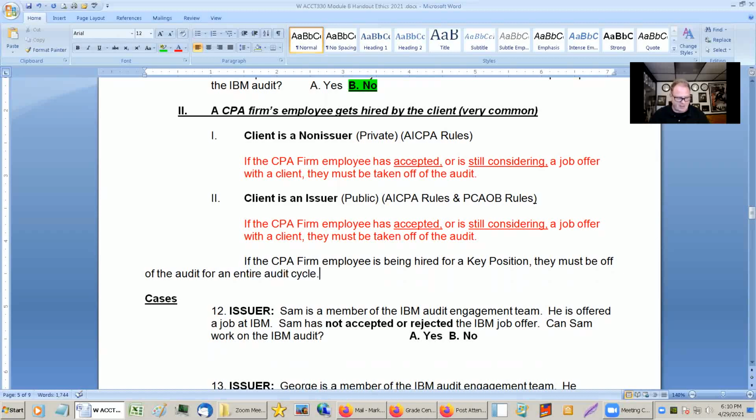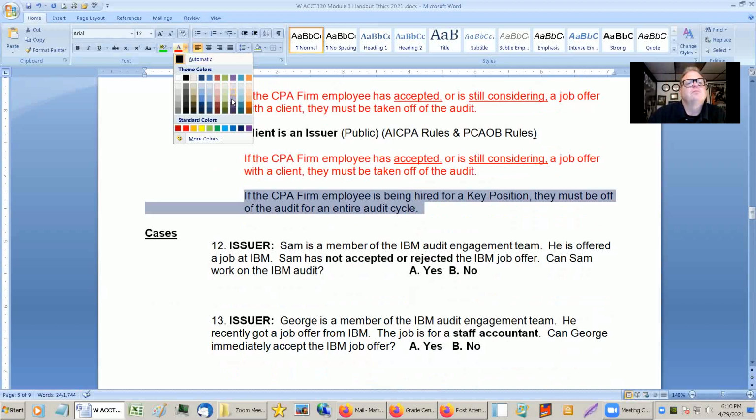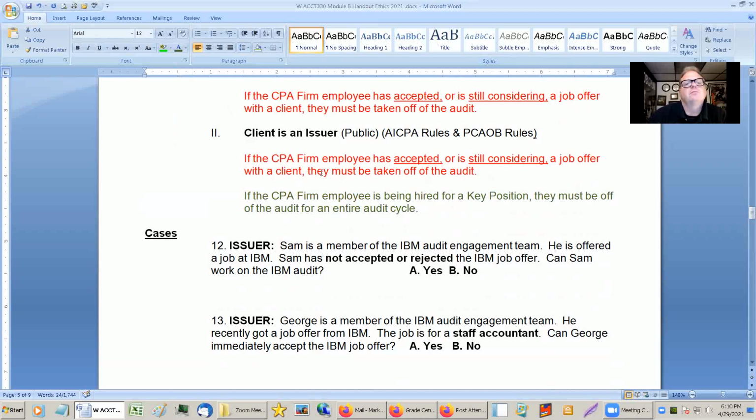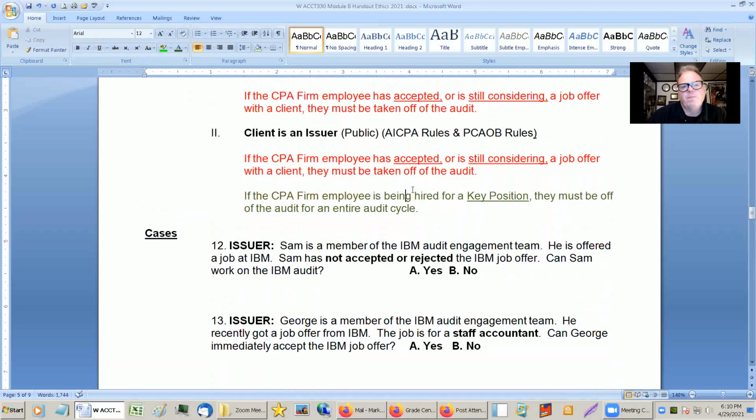I'll explain what that is in a second. If it is a key position, it must be off the audit for an entire audit cycle.